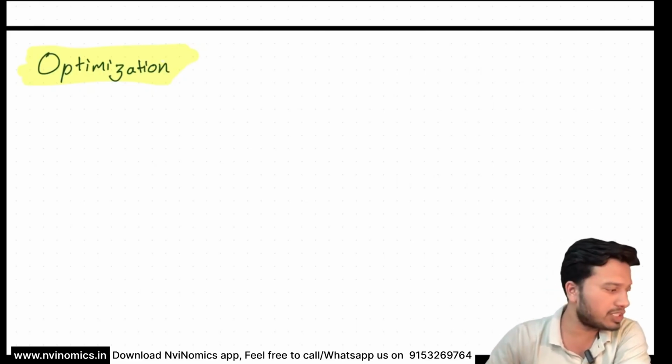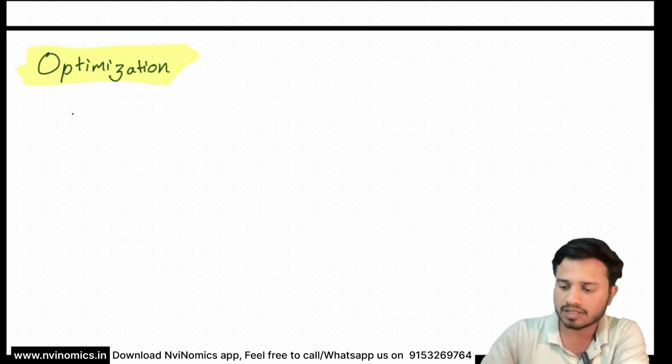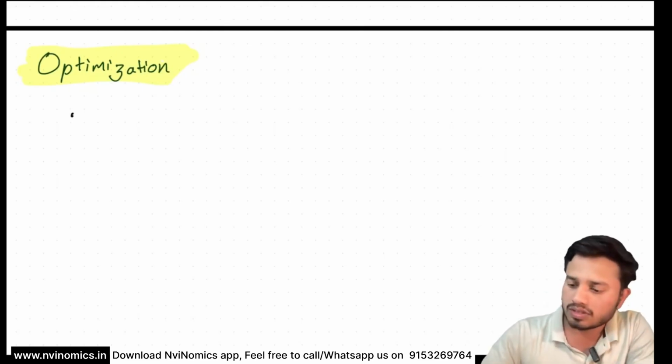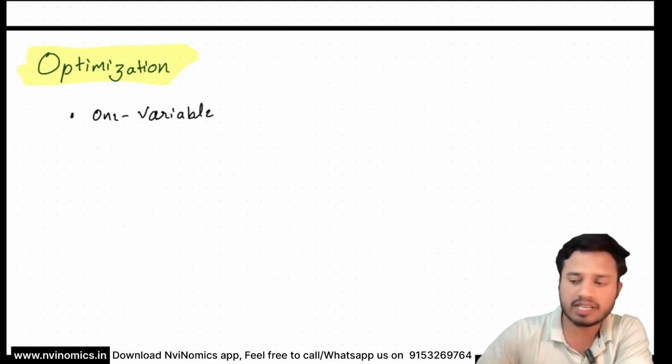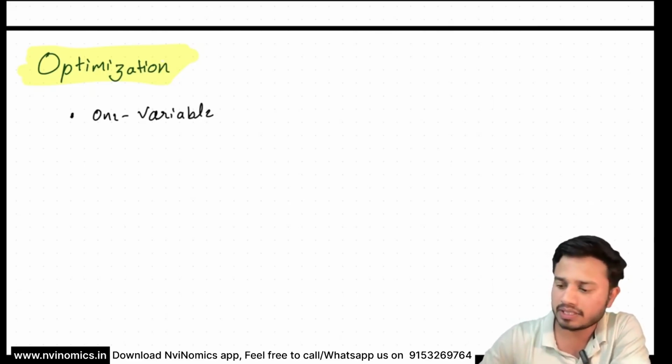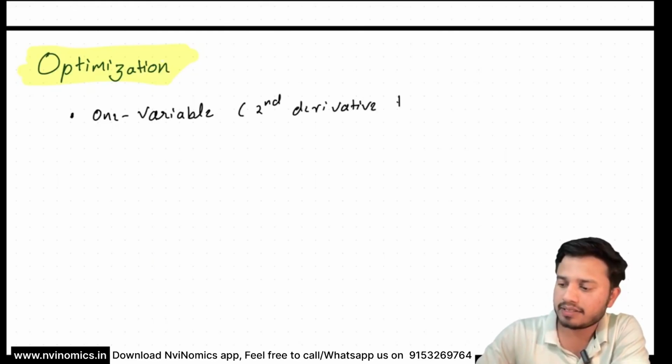optimization problem in one variable. Okay, in one variable you have one condition known as the second derivative test.